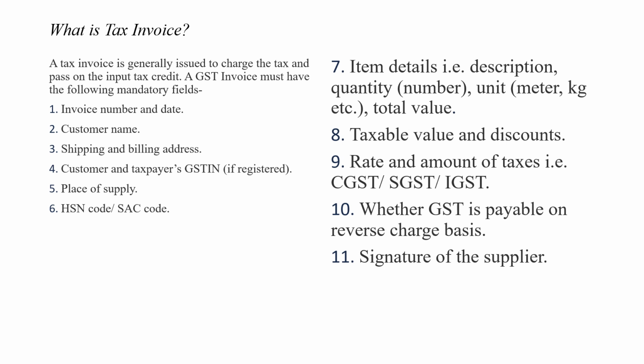Item number 7, item details, that is description, quantity, number, unit, like in meter, kg, etc. Total value, taxable value and discount, rates and amount of taxes, that is CGST, SGST, IGST, whether GST is payable on reverse charge basis, signature of the supplier. Very important and interesting.